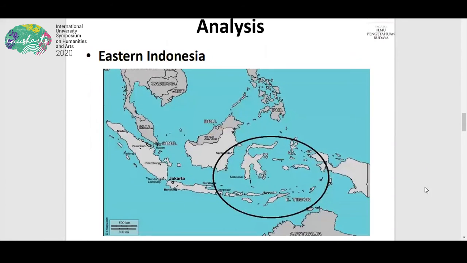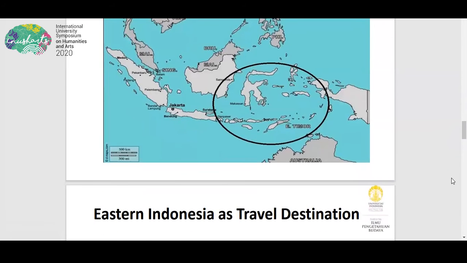The core area of the Dutch colony consisted of Java and Maluku, and the area outside it was called Buitenbesittingen. It means outside the possessions, and later it was called Buitengewesten. It means outside the region. At the time, the Eastern Indonesia area belonged to this area.